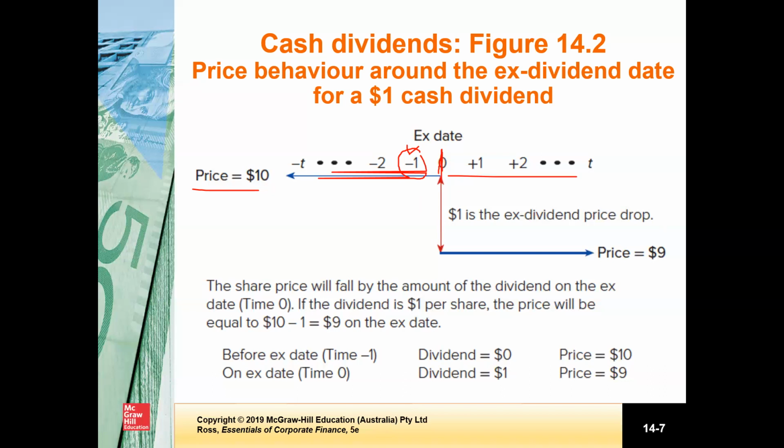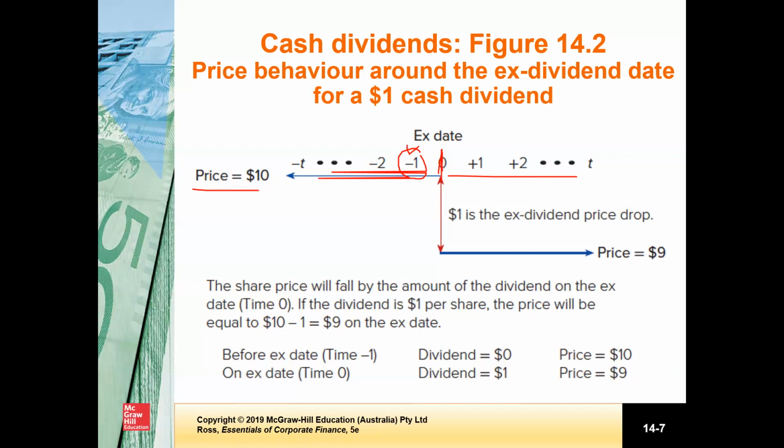Now, what will happen to the value of the share overnight? The share is obviously worth about $1 less on the ex-dividend date. Its price will drop by that amount between close of business on the cum dividend day and the ex-dividend day. Cum dividend day means the day before the ex-dividend day. In general, we expect that the value of the share will go down by about the dividend amount when the share goes ex-dividend.